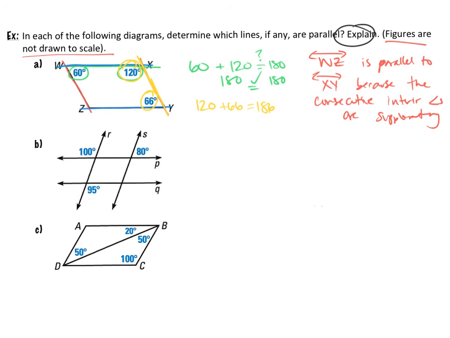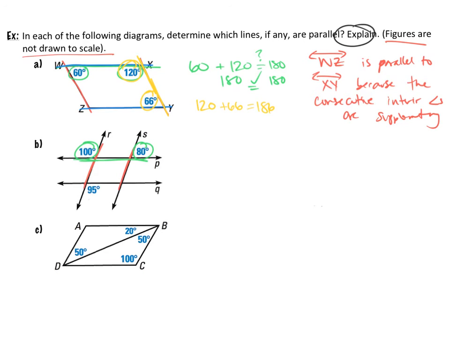In example B, we have two pairs of lines again that might be parallel that we have to determine. We'll look first at line R and line S. And for our transversal that we know two values on, that would be line P. And we know 100 degrees and 80 degrees.